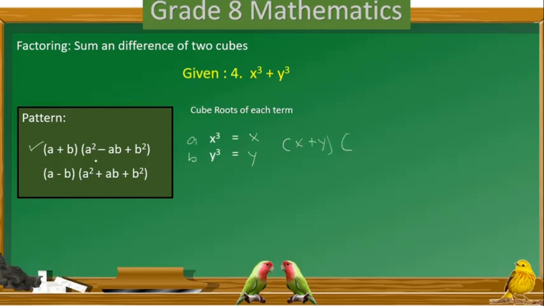Then from the pattern, the value of a must be doubled. Then opposite sign, minus the product of the value of a and b. The value of a is x, the value of b is y, plus double the value of b, which is y.